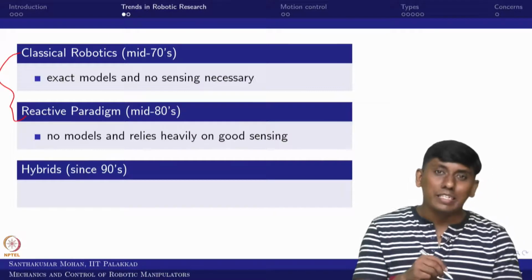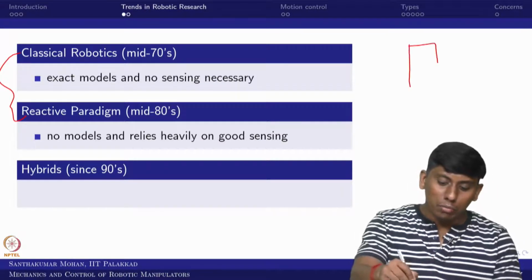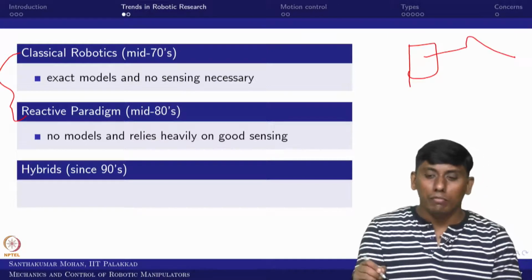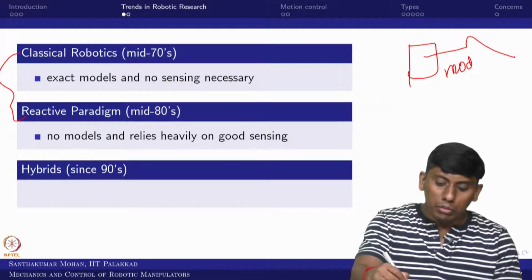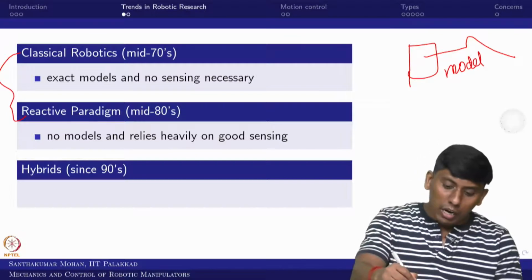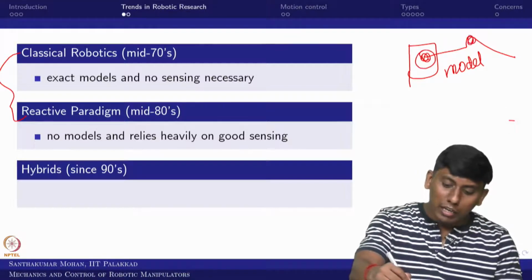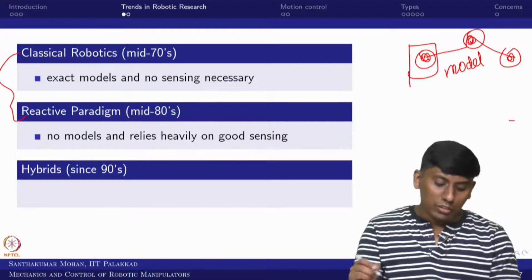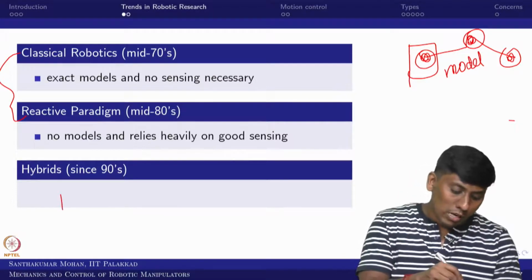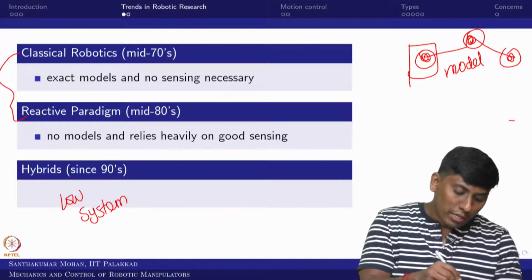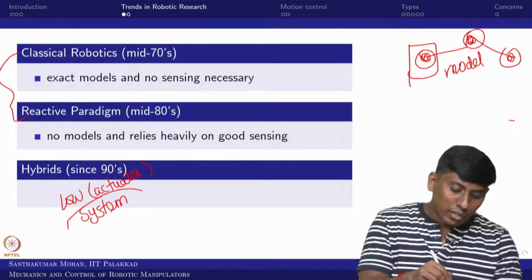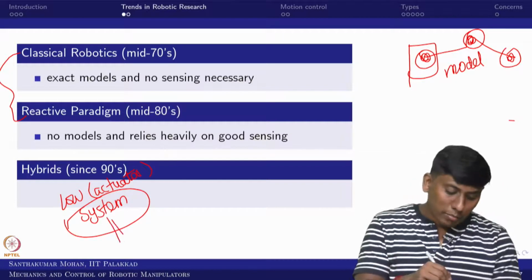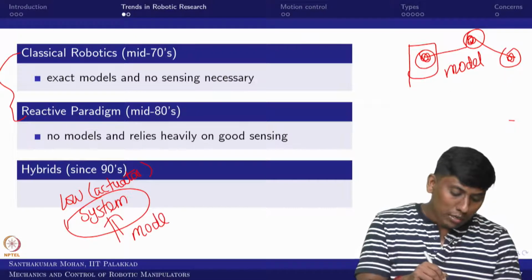At the system level, for example the manipulator level, we go with the model based approach, and at the actuator level I will go with the reactive paradigm. So you would be doing two levels, low level and system level. The low level I call actuator, and the system level is the higher level. The system level would be based on the model, and the lower level based on feedback.